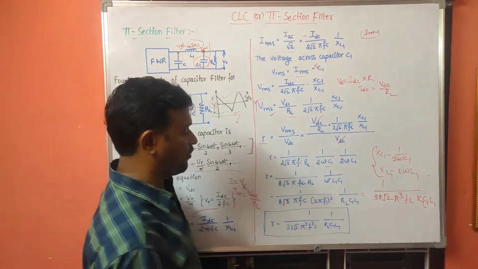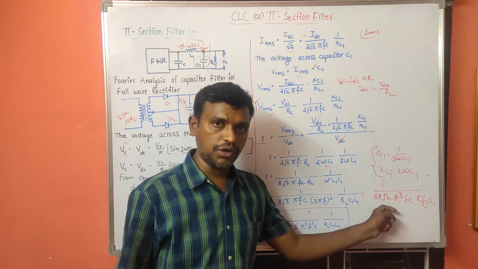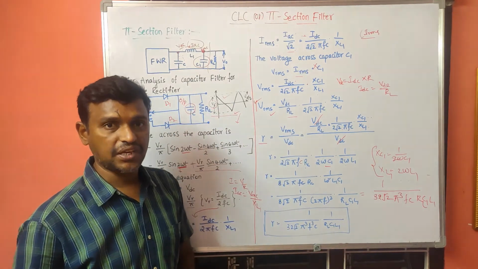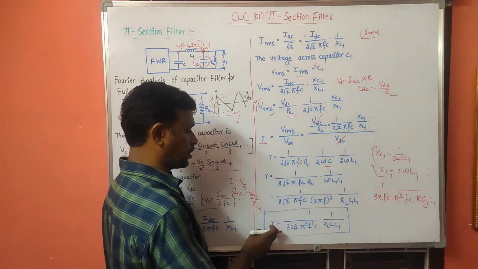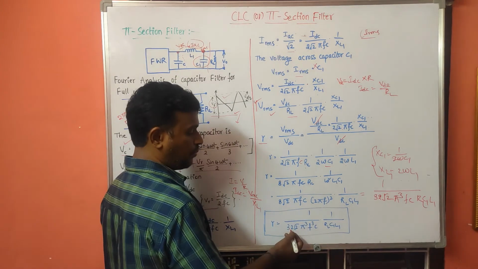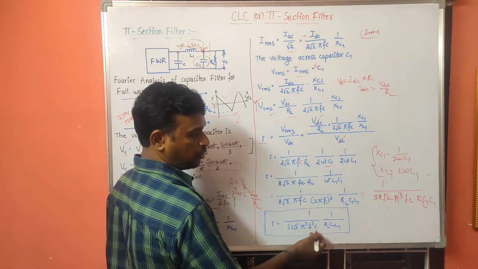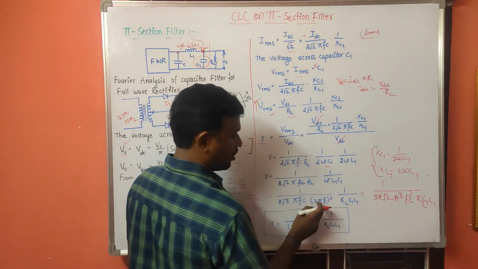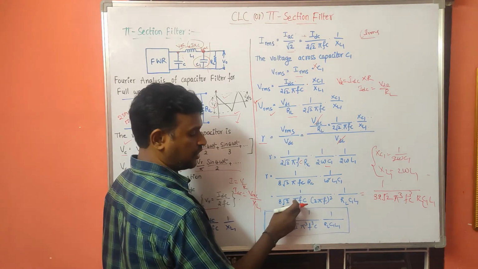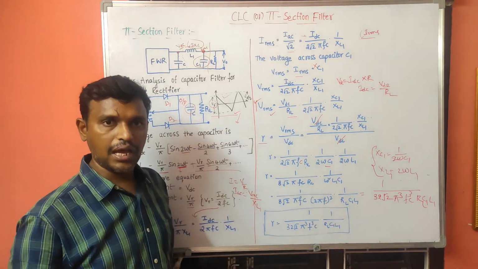So this is the final equation we got for the ripple factor of a full wave rectifier with pi section filter. That is, ripple factor is equal to 1 by 32 root 2 pi cube f cube C, times 1 by RL C1 L1.